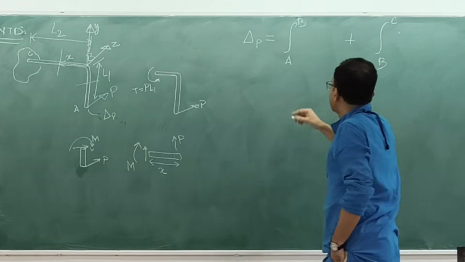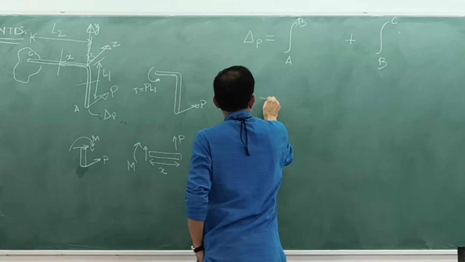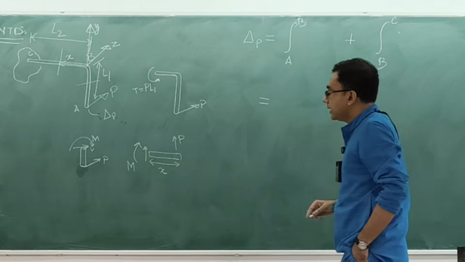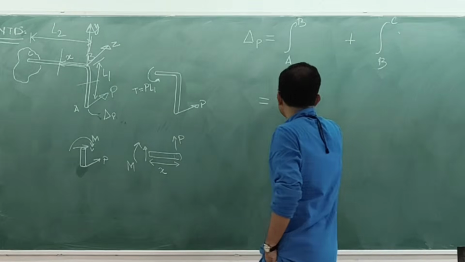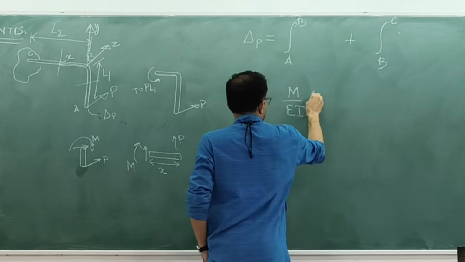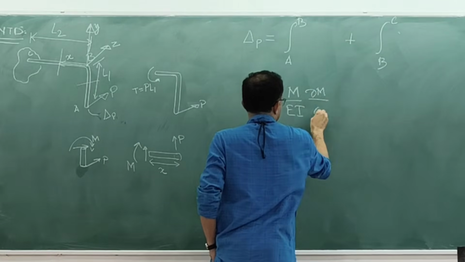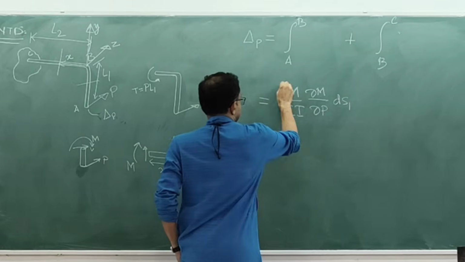Now for A to B, what is there? Only the bending moment is there. So, integral of M by EI del M del P dS1.